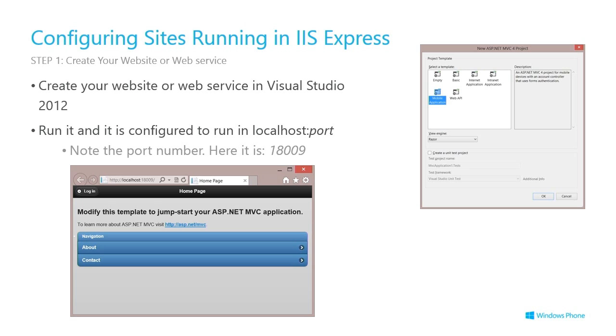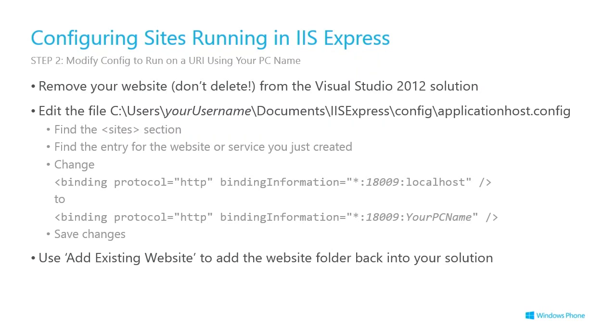You still won't be able to access that because by default IIS Express does not accept any connections from remote hosts, and your Windows Phone 8 emulator here is a remote host. So this won't work either. So we have to then reconfigure our website, and it's a slightly contorted sequence of things you have to do. First of all, kind of like Cirque du Soleil on your device, on your laptop. It is. It's totally like Cirque du Soleil.